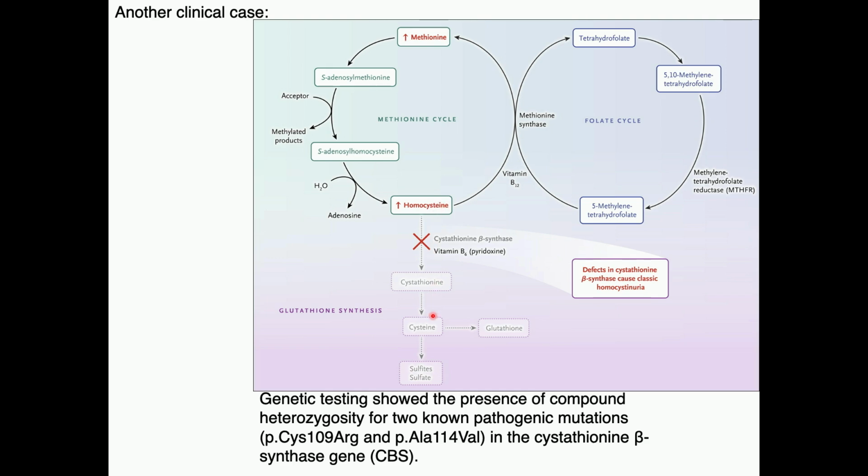So the cystathionine beta synthase gene, this is an alternative route of homocysteine elimination outside of the methionine synthase reaction. But this still is going to result in an increase in homocysteine and then, what you might not expect, the increase in methionine as well.